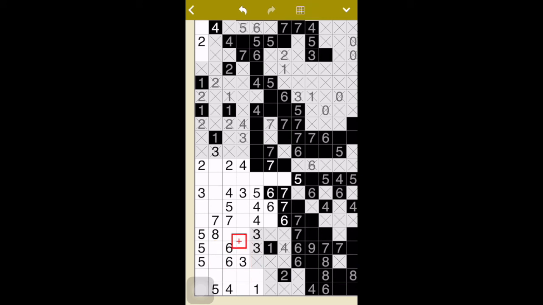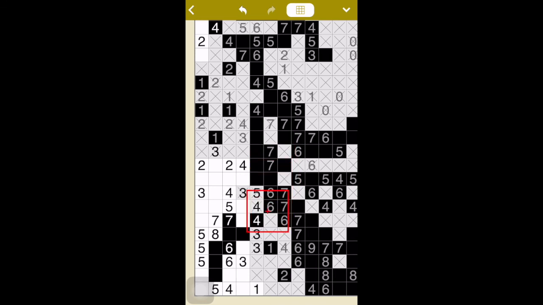Okay, let's do 4 and 4, right? Same number. We could do difference of 3, 6 and 3, right? 8 and 5. The 4 and 2.